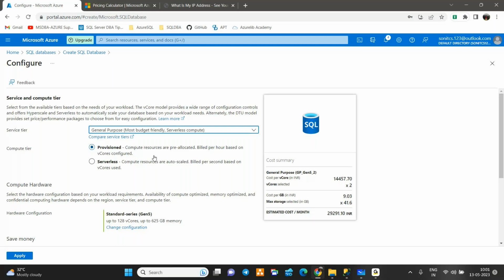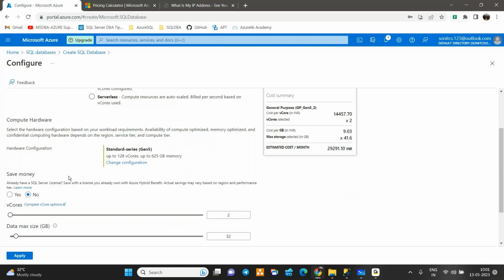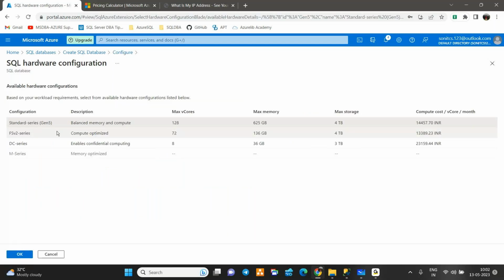Now when you scroll down, you need to choose the compute hardware. Here you can go for standard. Standard means general purpose, balanced CPU and memory. And you can go for the FE series, DC series, M series, the memory optimized series, the confidential series, and the compute optimized series.